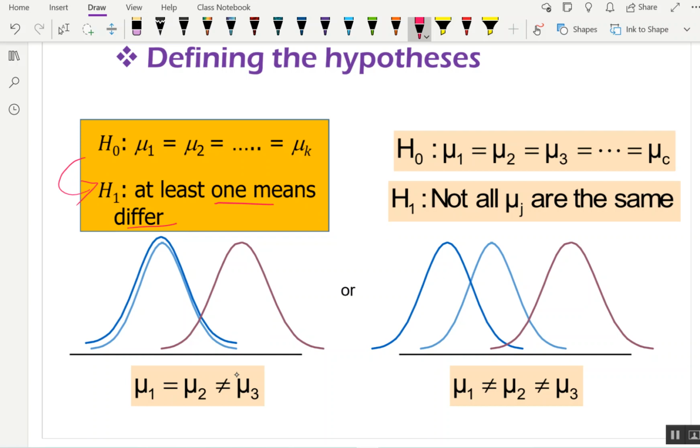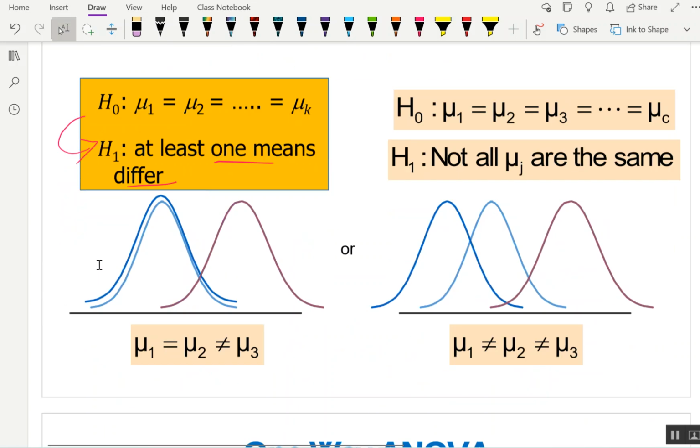It can also be stated as not all mu j are the same. Still, it leads to the same objective of ANOVA, which is to see whether there are statistically significant differences between the means or not. So either one, or all of the means are not the same.